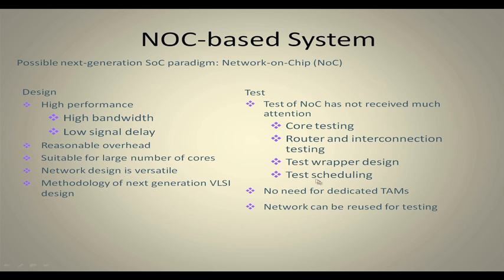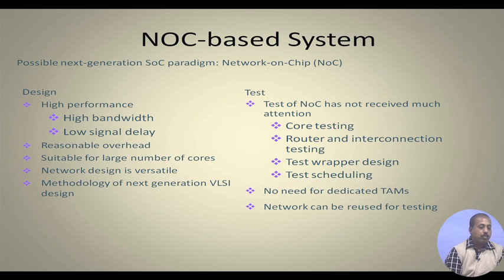We can do this test wrapper design, which is now more specific, unlike the SOC where it was more flexible. We could have allocated different test TAM widths and seen different types of wrappers. Here that is not the situation.